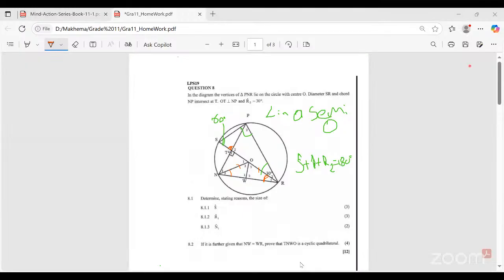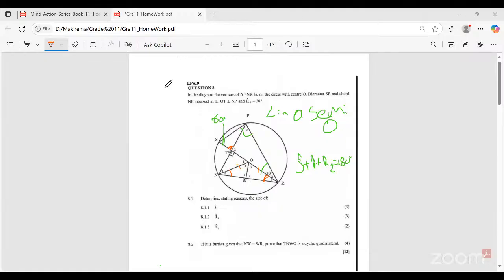Wouldn't it be 90, sir? Okay, and the reason behind that? Alternate angles. You are saying alternate angles? No, that's going to be wrong. Remember what we said in the first lessons.